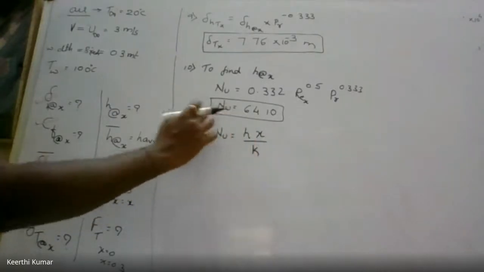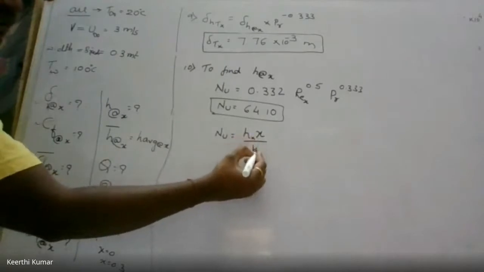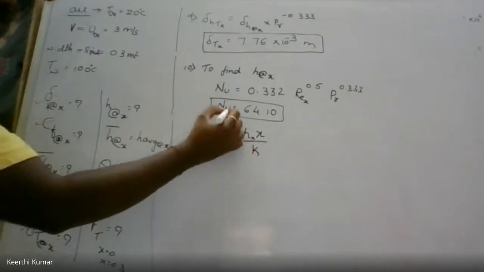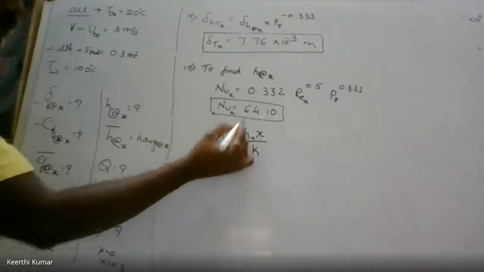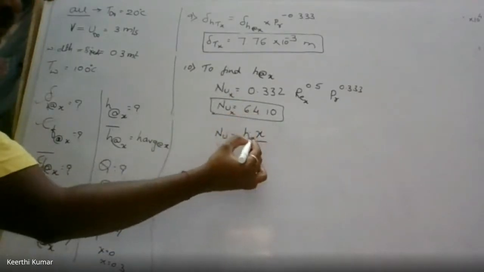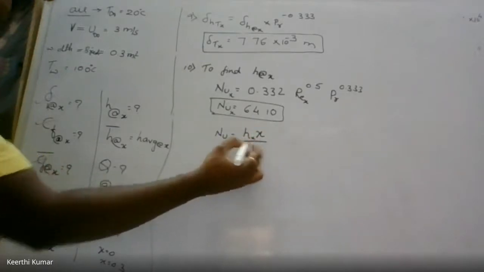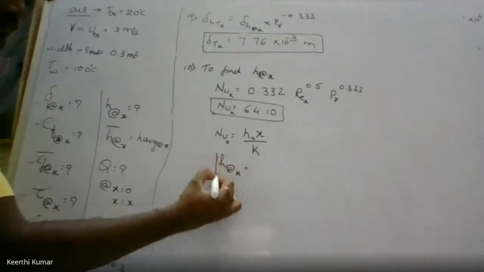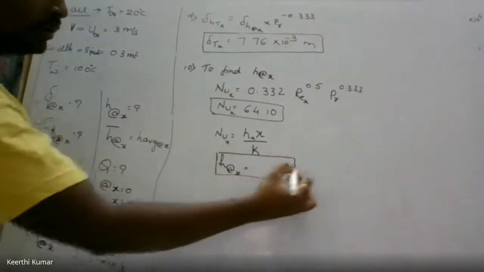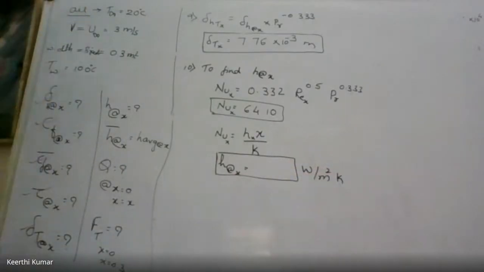If you do this, we will get the Nusselt number at a distance of x. Nu at x we know is 64.010, hx is unknown, x is known, k is known. k is nothing but the property of air. So from this equation, find out h at x in watts per meter square Kelvin. So h at x also we'll get. Somebody tell the answer.